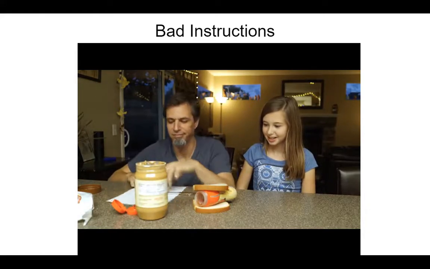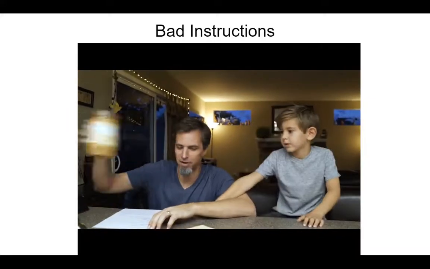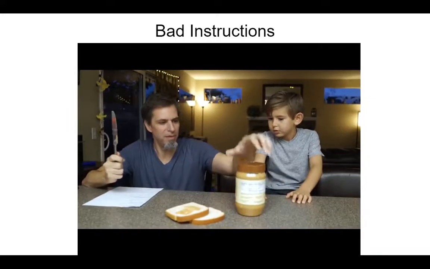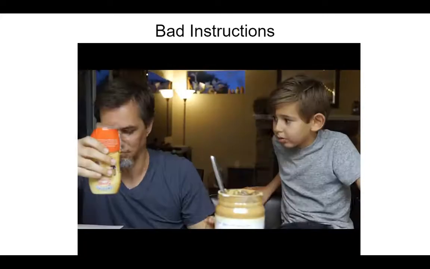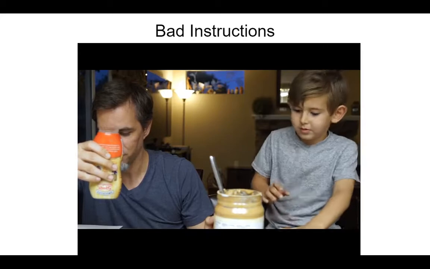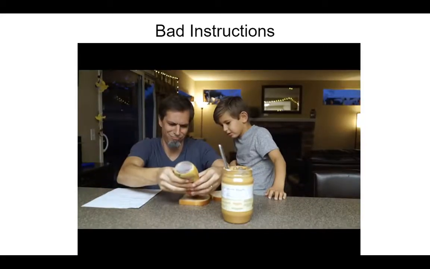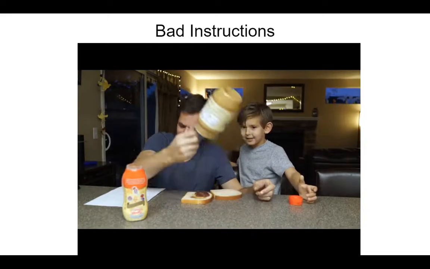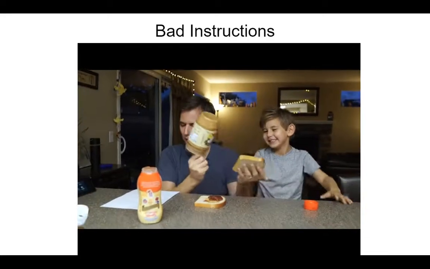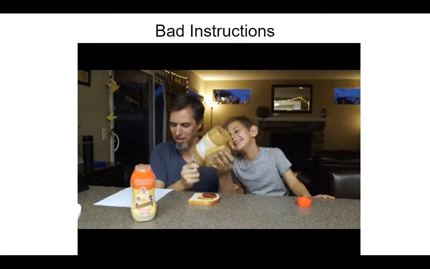Closer. Get 2 pieces of bread. Get some peanut butter. Take the peanut butter knife. Open the peanut butter. Put the knife in the PB. Get some jelly. Open the jelly. No. Squirt the jelly onto the bread. Take the butter knife with the peanut butter on it. Wipe it all over the piece of bread that's blank.